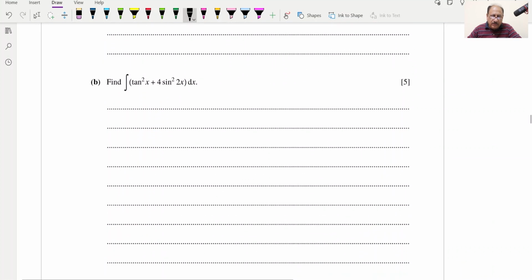Now the b part says, find the integral of this one. This is also a 5 mark question, so we can write the integral separately: integral of tan square x dx plus 4 integral sine square 2x dx.